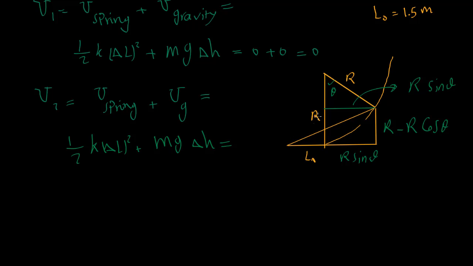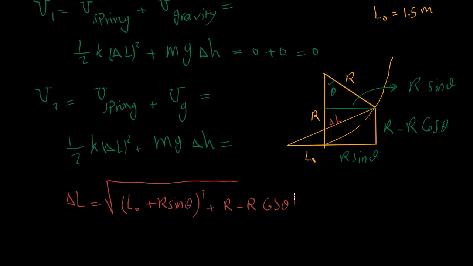So what is delta L here? Delta L is equal to the square root of this side squared plus this side squared. So it would be L0 plus R sine theta squared plus R minus R cosine theta squared.